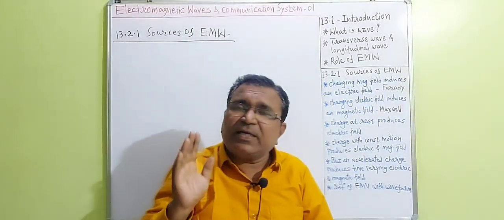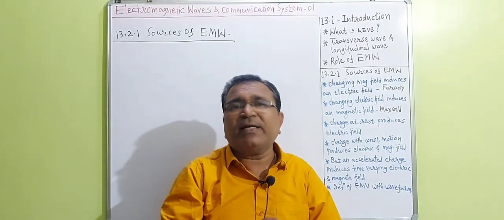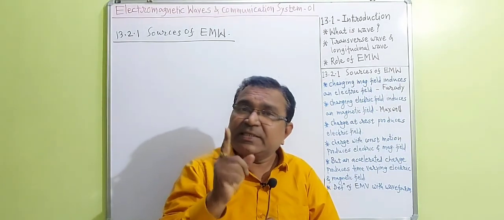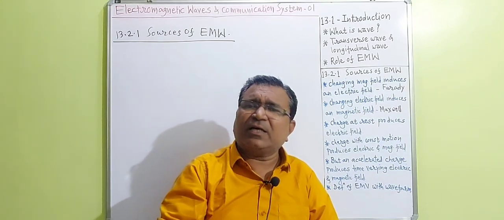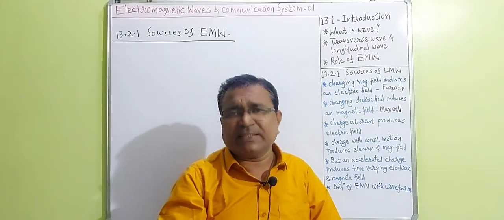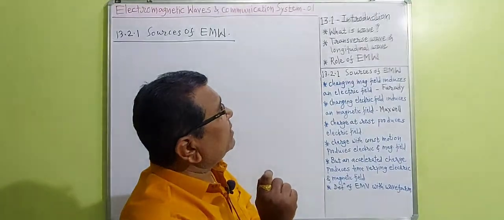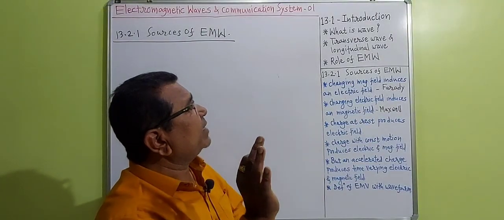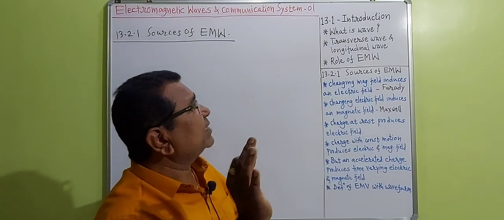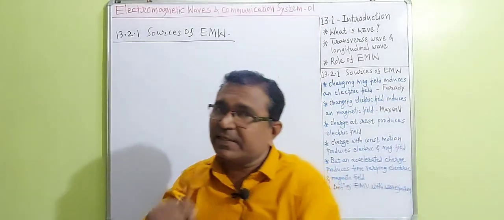Before learning the electromagnetic wave directly, listen carefully, dear students. Remain alert up to the end of this lesson. The first sentence that I have written on the board is: a changing magnetic field induces an electric field. I will write that.